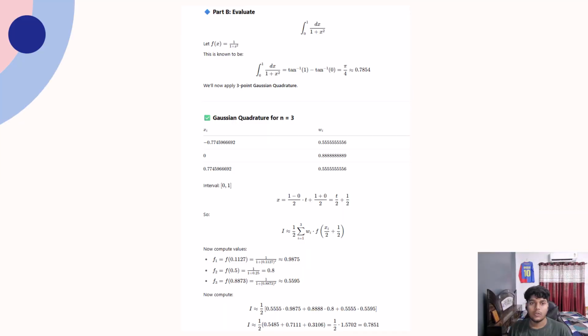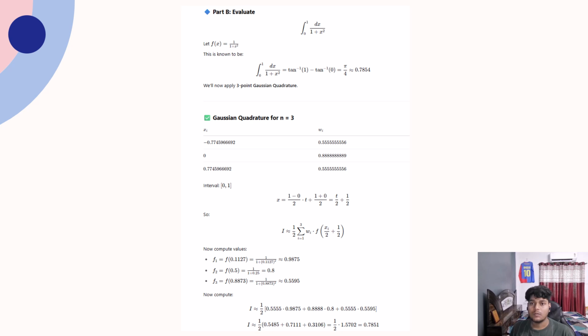The 5-point Gaussian quadrature formula for the given integral is where xi are roots of the fifth-degree polynomial and wi are weights. For n equals 5, the nodes are approximately xi equals 0, plus minus 0.538469, plus minus 0.90618, and weights wi equal to 128 by 225, (322 plus 13 root 70) by 900.